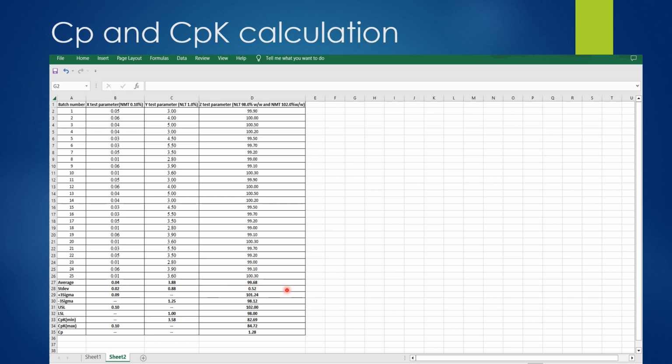As the test parameter limit is not more than 0.10, I calculate only plus 3 sigma. And as it is not less than 1.0, I take the minus 3 sigma.